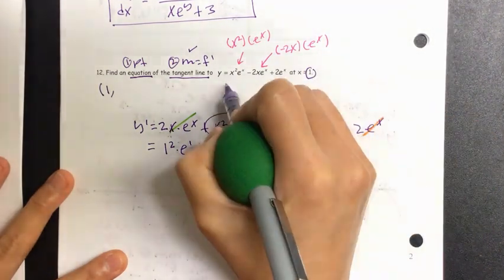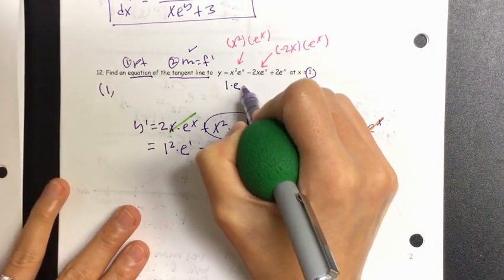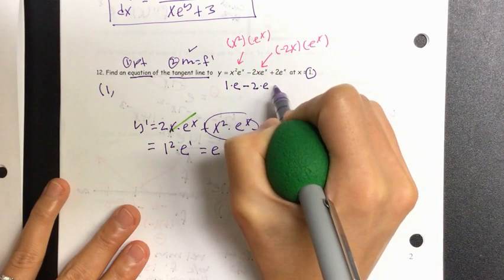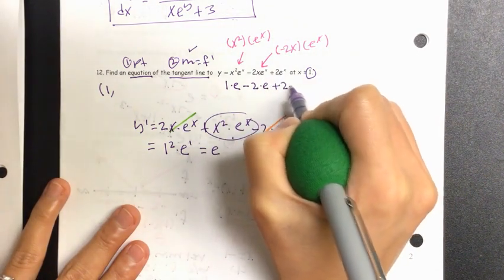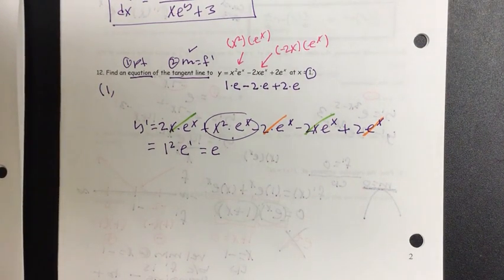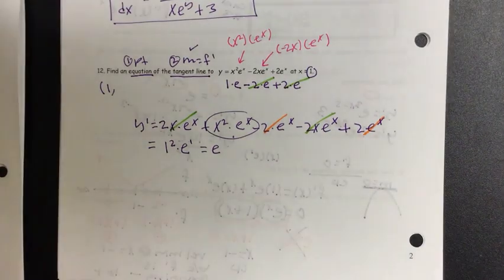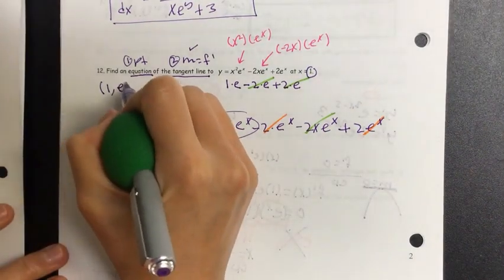So we have 1 times e to the x, which is simply 1, minus 2 times e plus 2 times e. Do I have another set of zero pairs here? So let's cross them out. So we know our y coordinate must be simply e.